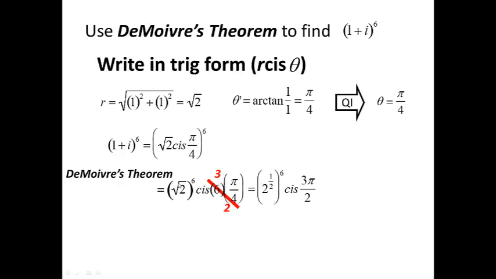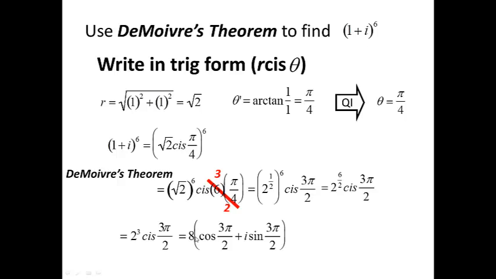And then the radicals are 1/2, and 1/2 times 6 is really just a 3. So that'll be 2 to the 3rd power, which is 8, times cosine of 3 pi over 2 and sine of 3 pi over 2.